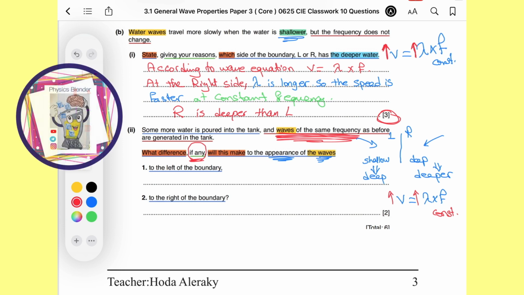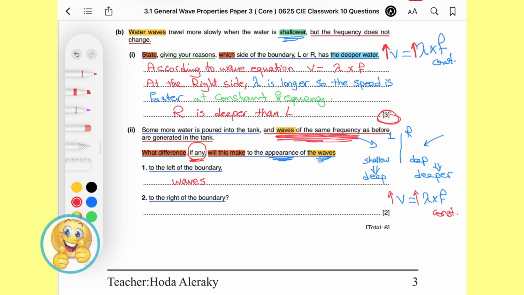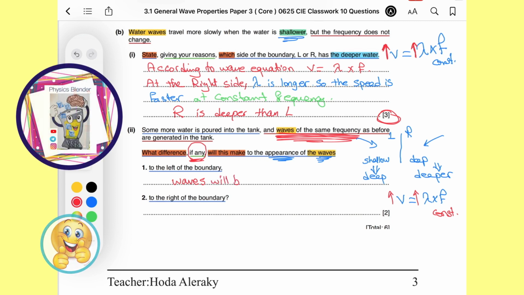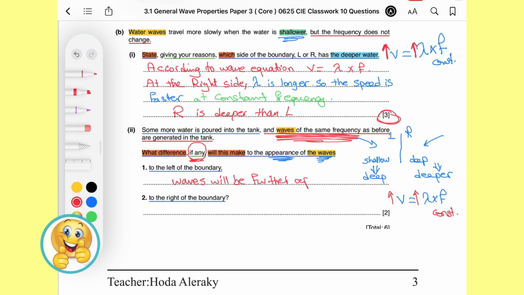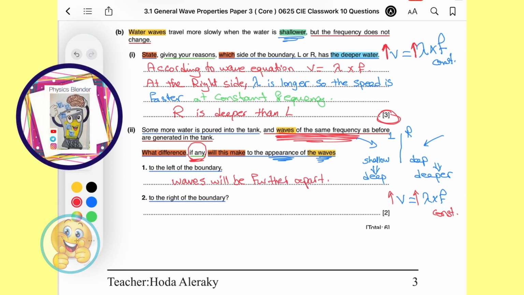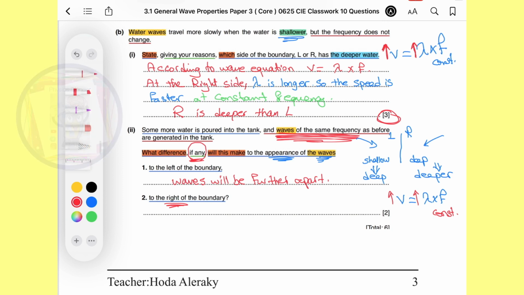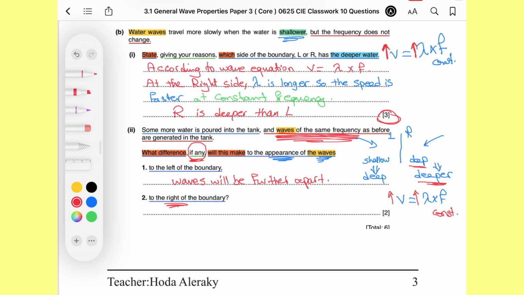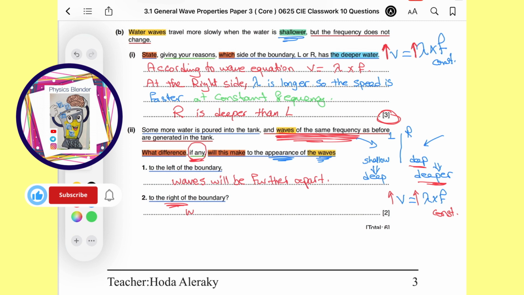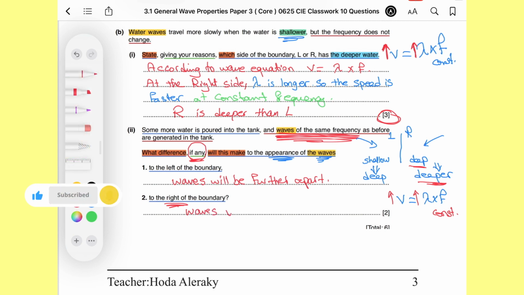So the waves will be further apart. What about the right of the boundary? The deep one becomes deeper, so the speed increases more than the first case, so also waves will be further apart.